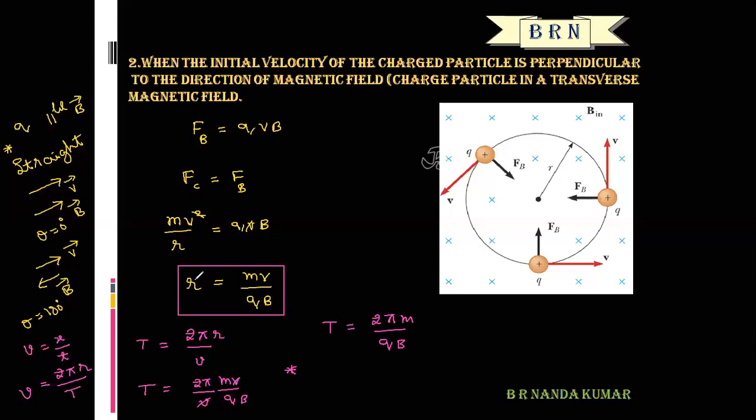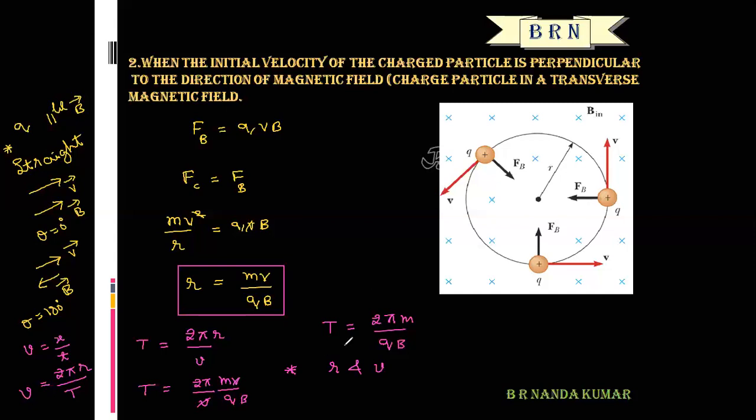So r is called gyro radius, that is also called cyclotron radius. How does the time period depend on the radius and the speed? This point is very important.